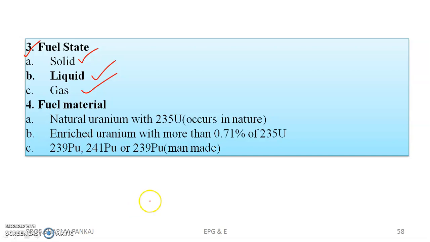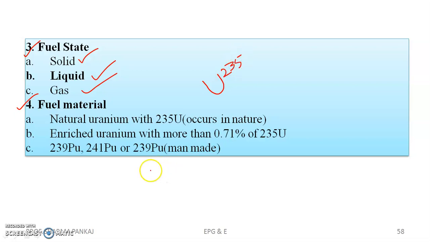Fuel material, we have already seen this. Let us see it once more. Fuel material is your natural uranium with 235 U occurs in nature. Uranium 235.